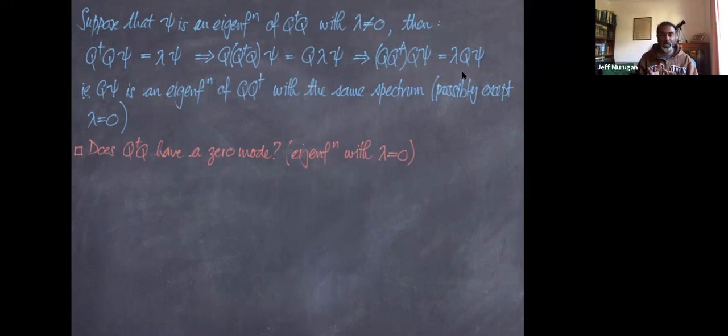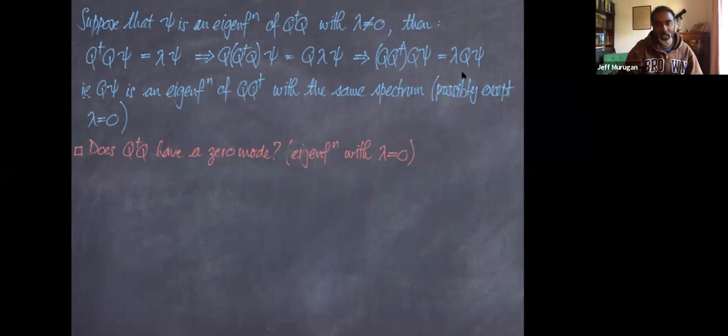So if psi is an eigenfunction of q dagger q with lambda as its eigenvalue, then q psi is an eigenfunction of q dagger with the same eigenvalue. Except, because this was the caveat that I threw in in the first place, except possibly at lambda equals 0. So things could possibly go wrong at lambda equals 0, but for non-zero lambdas, this is true.